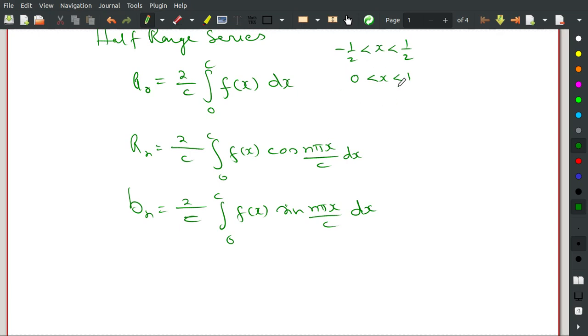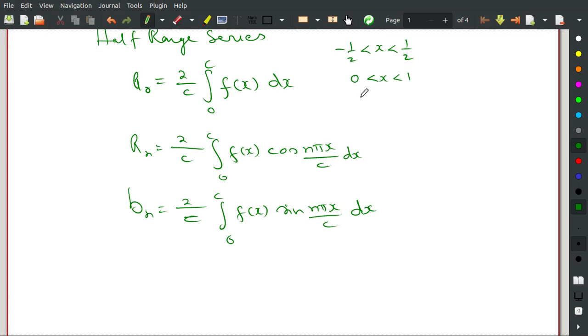So this is the half range, because the period is only one unit. Here it's minus half to 0, so we have a half, and 0 to half, so we have another half. So the total period is only 1 unit.